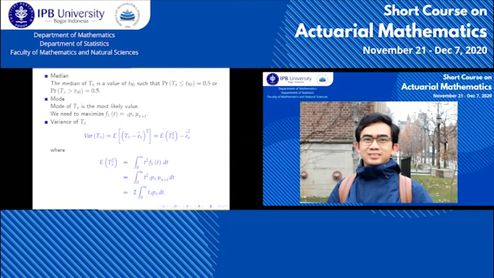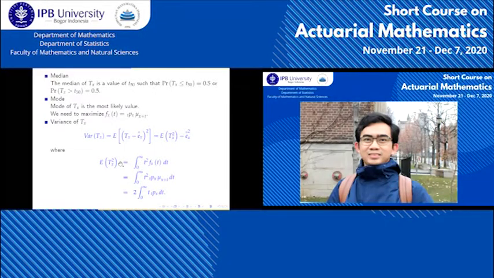Another important moment of Tx is the variance of Tx. We know that the mean or the average is used most often. However, it doesn't tell us the whole story. In order to measure the spread relative to the mean, we can look at the variance or the standard deviation.